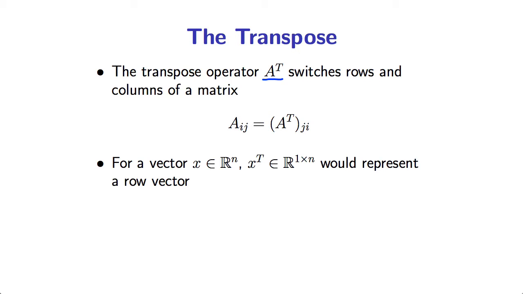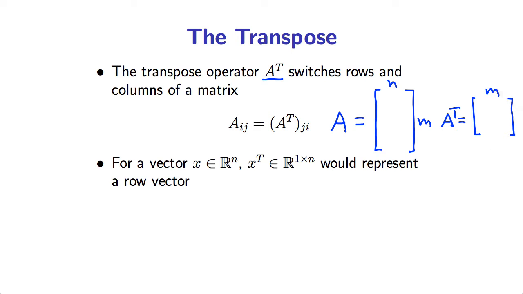So in particular, for A transpose, the ji element is just equal to the Aij element of A. If A is a matrix with n columns and m rows, then A transpose will be a matrix with m rows and n columns.